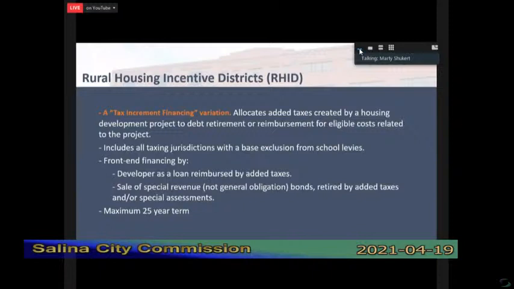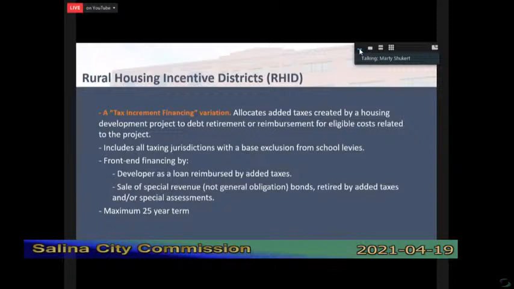a very tried and true technique. And what TIF does is it freezes property taxes at a pre-redevelopment level, and then it allocates the added taxes created by the redevelopment project to fund and repay costs that are related to or associated with that redevelopment project. So let's say, for example, that I have a piece of land, and that piece of land has a pre-redevelopment value of $50,000.